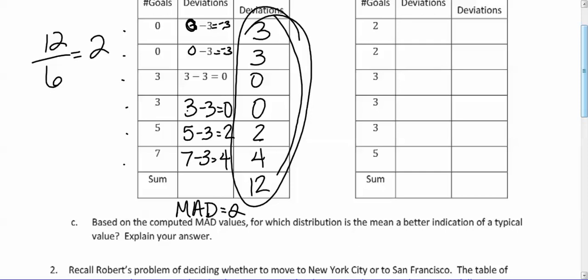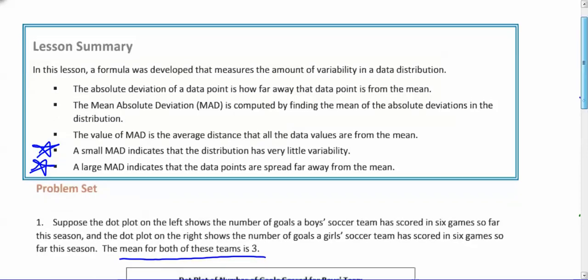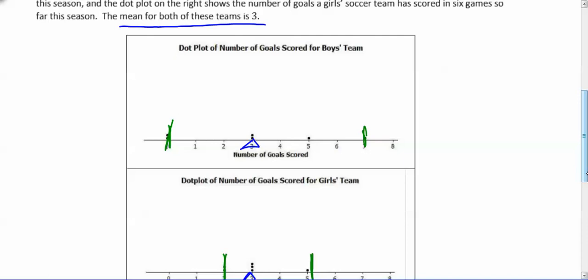Right? And again, what that's saying is that the boys typically, I'm going to erase some of these other marks I've made, our mean is 3. That means most of the scores are happening within 2 of that. So you can expect that they're scoring in this area most of the time.